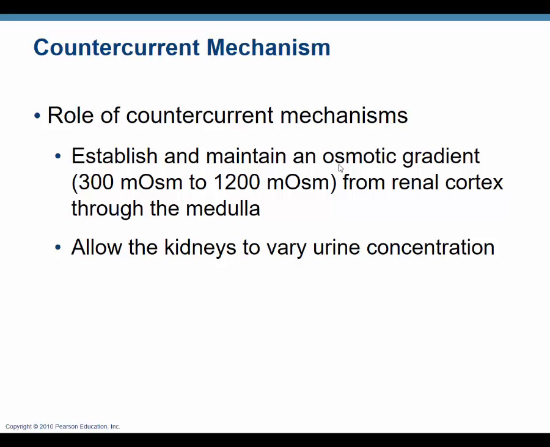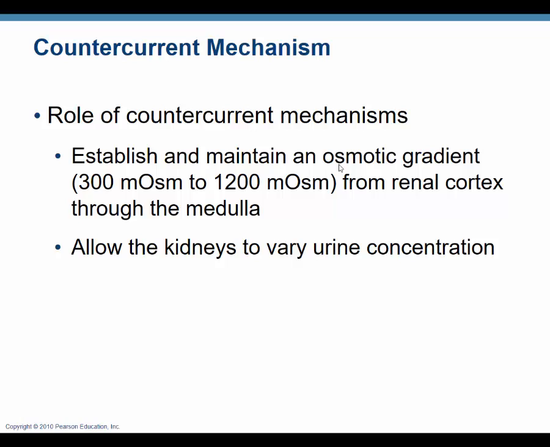The key thing, when you hear the word countercurrent mechanism, countercurrent means running in opposite directions. We're basically referring to the loop of Henle. We have the descending limb that has fluid running down it, and then the ascending limb has fluid running up it.